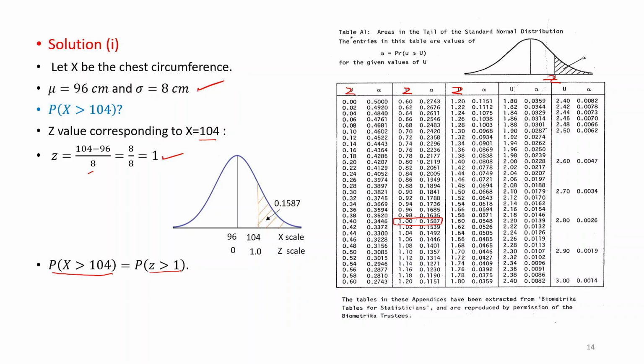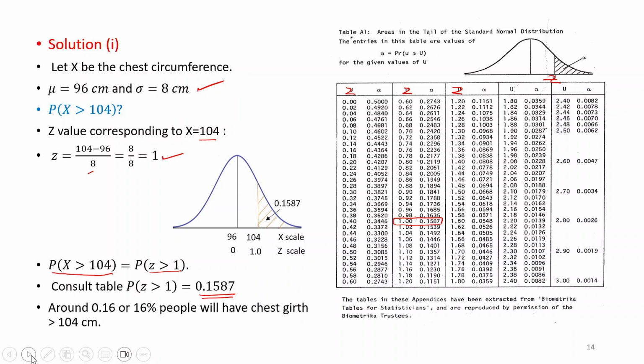So when the value of Z is 1, the area of the curve beyond 1 is how much? They have given 1587 because this is the area, this is what is stated here. Therefore, after consulting table, Z greater than 1 is going to be 0.1587, which we can see from the table.